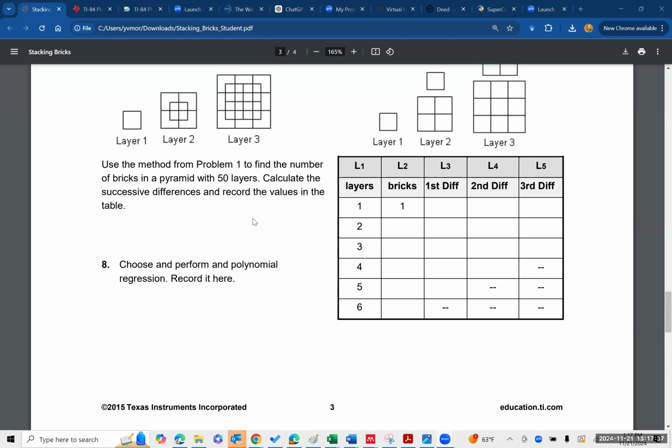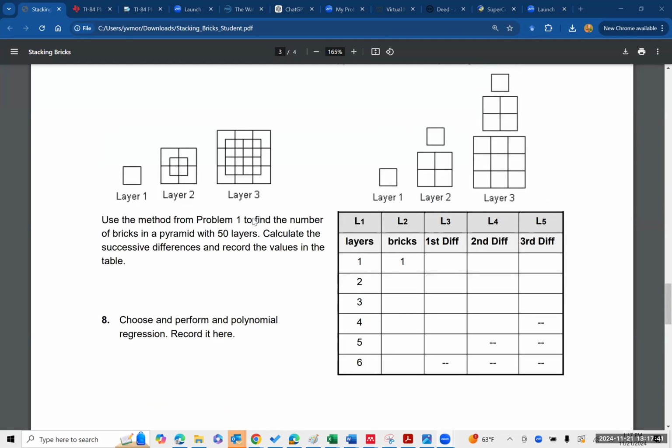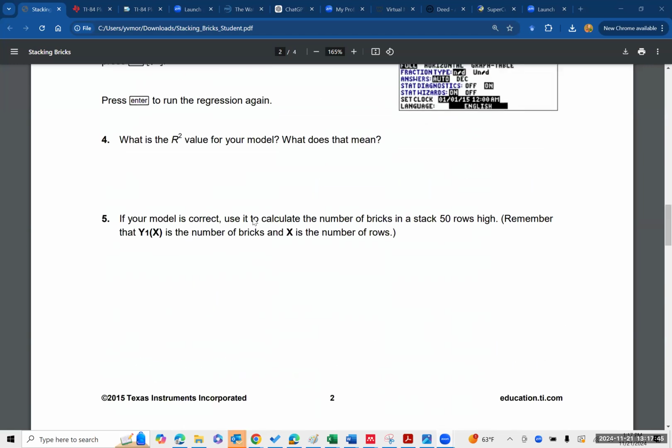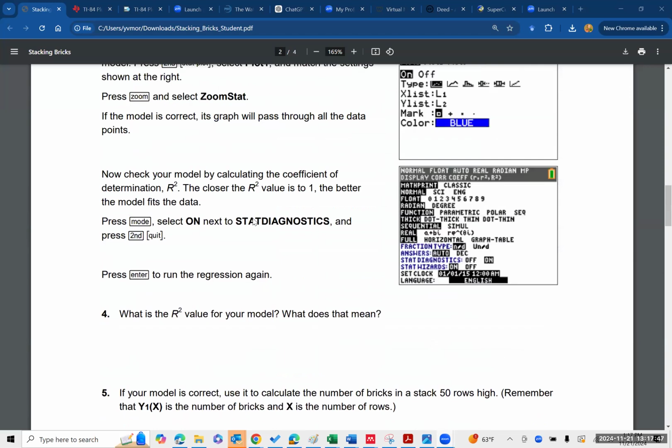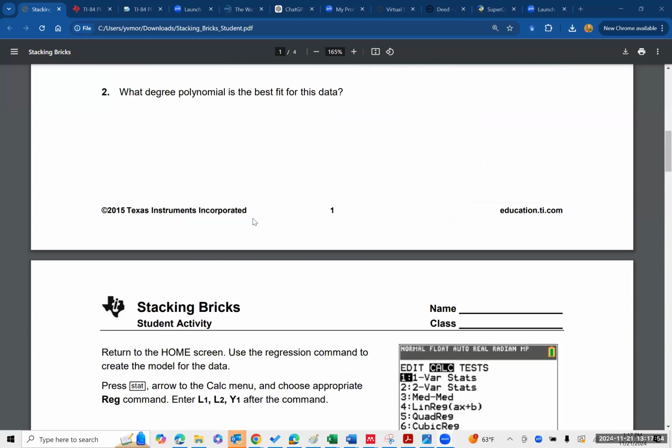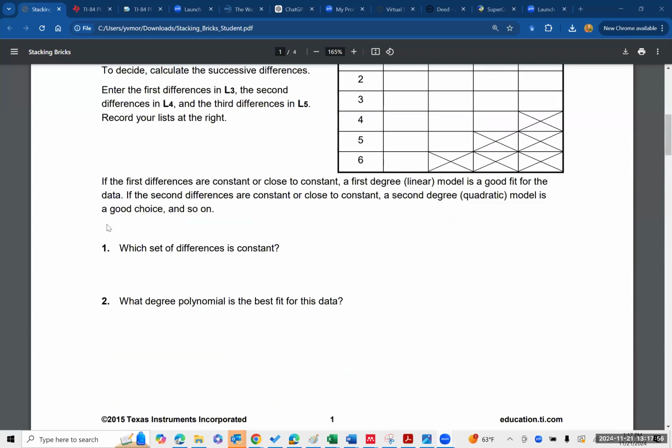Now we're looking at the third differences being the same. I'm trying to see if they tell us, it says and so on, right? So I'm looking over here.